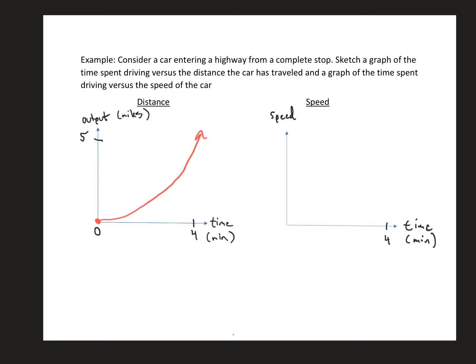The output units, if we're considering speed that we're most familiar with for vehicles, are miles per hour. This axis is going to behave differently. We're not considering distance traveled, we're considering speed. We know the average speed of a vehicle on a highway is 70 miles per hour.